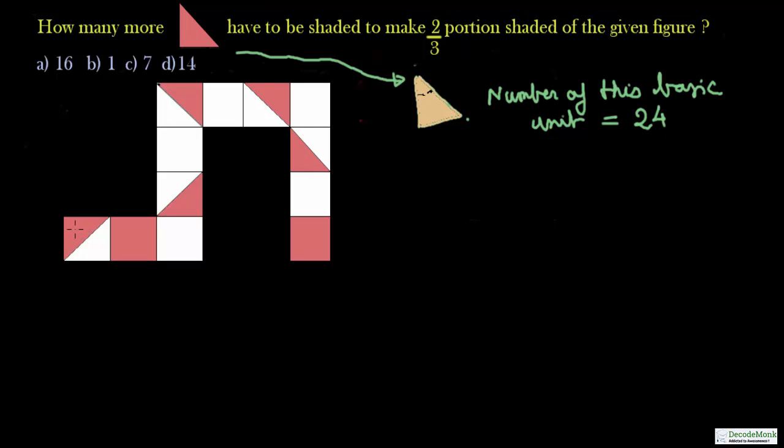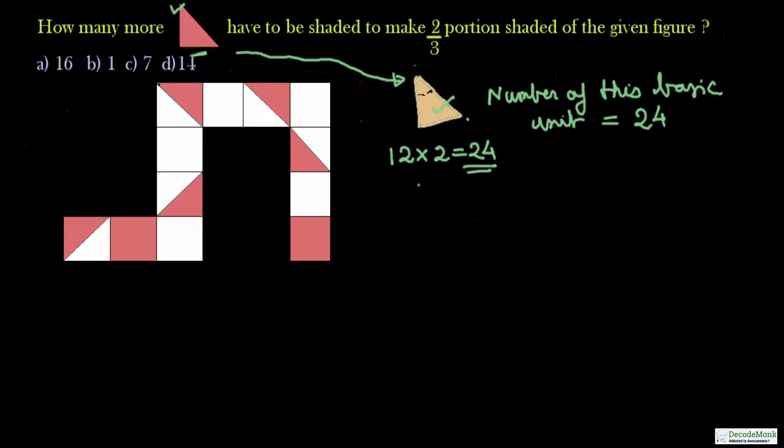In short, there are 12 squares. You may count 1, 2, 3, 4, 5, 6, 7, 8, 9, 10, 11, 12. There are 12 squares, and each square can be broken down into two triangle figures. So 12 squares will be equal to 24 basic units of this triangle.